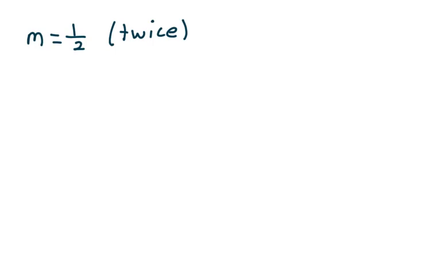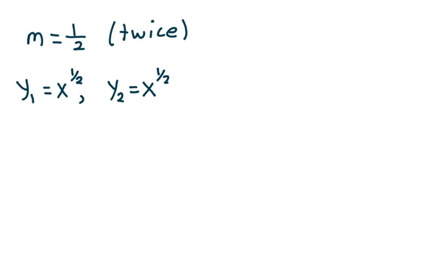Now, one solution will be y1 equals x to the 1/2. Now, my second solution has to be independent of my first solution. So in other words, y1 and y2 have to be linearly independent. Now, if I just put y2 equals x to the 1/2 because I got 1/2 twice, y1 and y2 are not linearly independent.